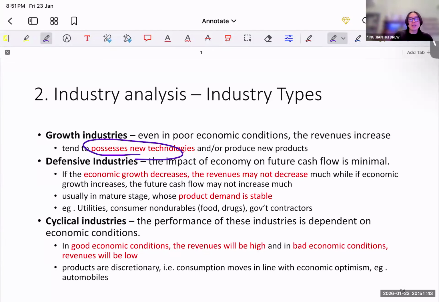Because if we talk about weight loss drugs in Singapore, you might think of it as not really a growth industry, maybe a cyclical industry, or even a defensive industry, because people who are taking these weight loss drugs would typically stay on them. It's not like suddenly there'll be a high demand for weight loss drugs, because the demand is not really there in the first place. It's just a steady kind of demand for such drugs.